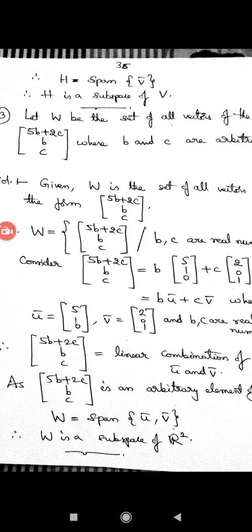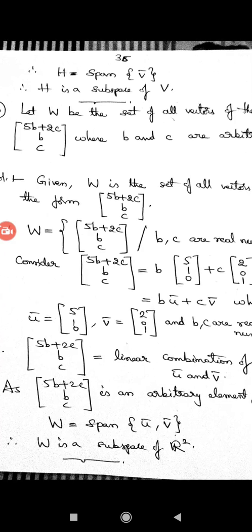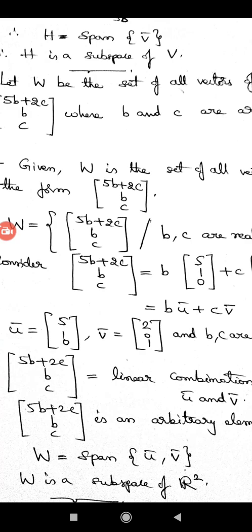Therefore, if W is equal to span of u bar comma v bar, by the theorem that we have proved earlier in the previous video lesson, which states that if v1 comma v2 are two vectors in a vector space V, then H equal to span of v1 comma v2 is a subspace of V. Using that, here in this problem, we have arrived at W is equal to span of u bar comma v bar, and using that theorem at this juncture, we can conclude that W is a subspace of R3.